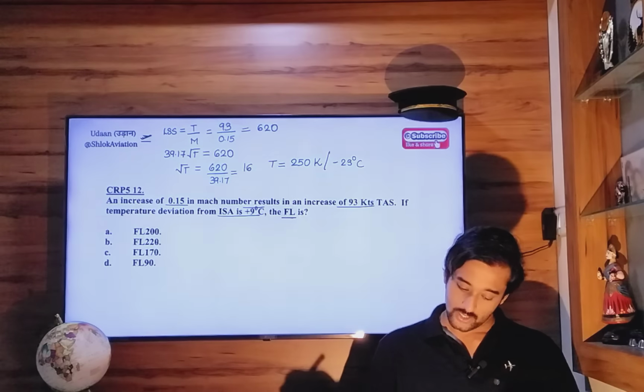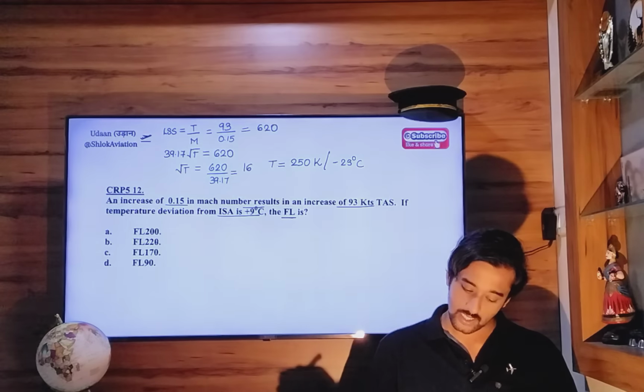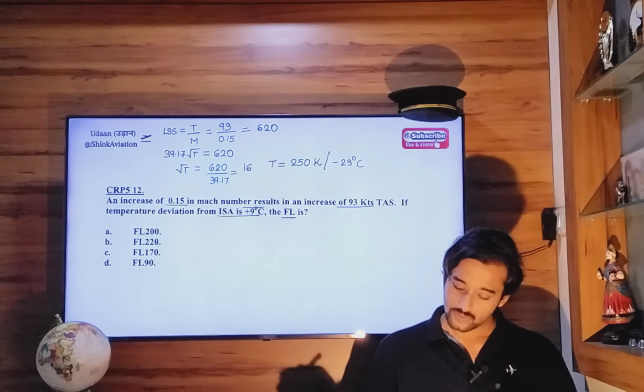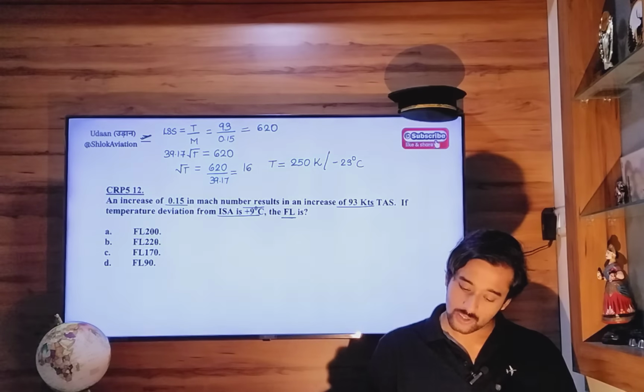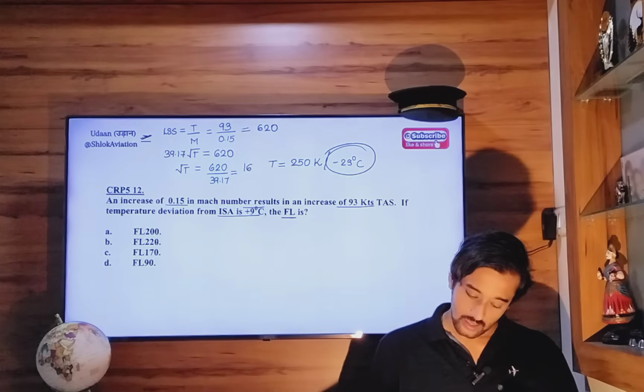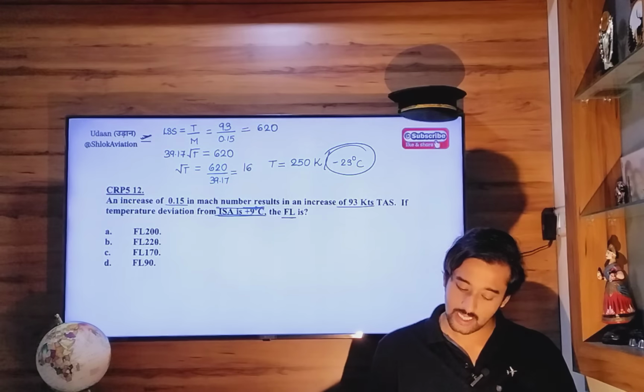Okay? So minus 23 degrees Celsius. This is your outside air temperature. Now temperature deviation from ISA is plus 9.